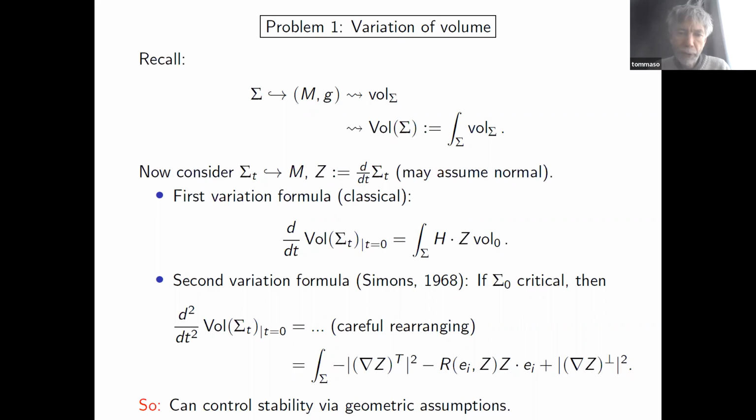The first variation formula shows the importance of mean curvature to study this problem. The second variation is a little bit more complicated to work with because you start by taking the derivative of the first variation, and what you get is lots of little pieces which do not have independent geometric interest.